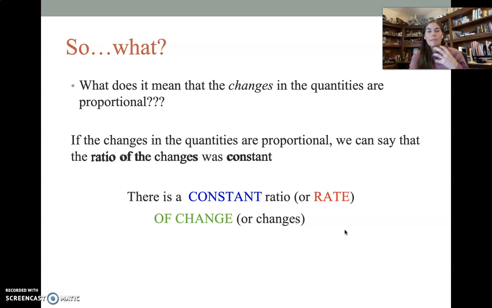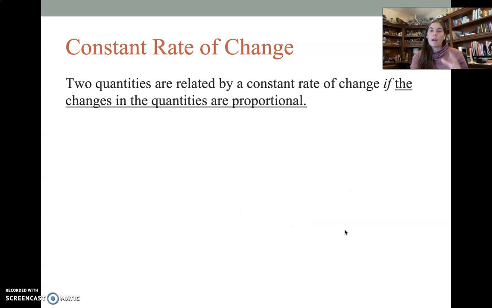But in math, this is a big idea. We define constant rate of change by saying 2 quantities are related by a constant rate of change if the changes in those quantities are proportional. And so we're going to take some time in the homework, and then as we keep going, we're going to build off of this idea, and it's really going to lead us through a lot of this course. This is setting the foundation for it all.